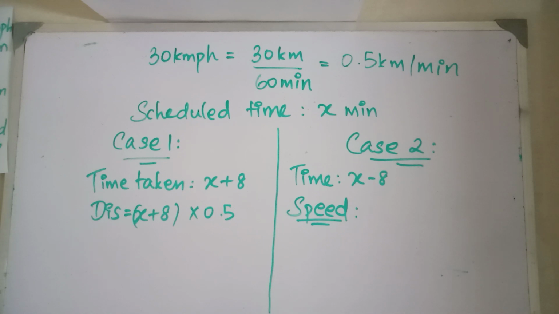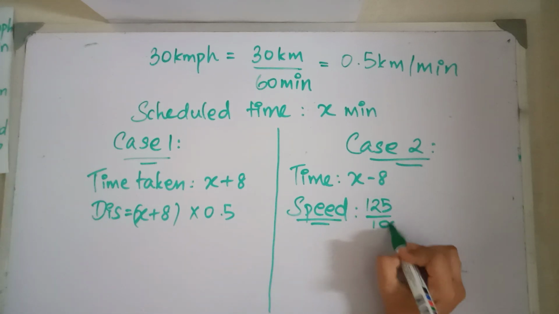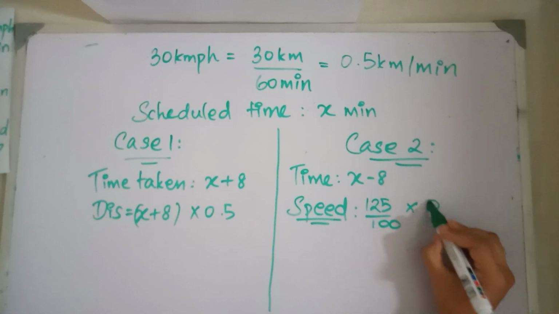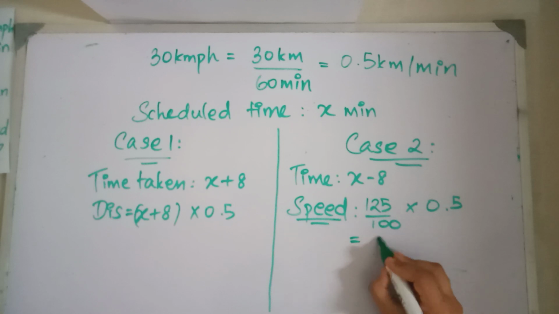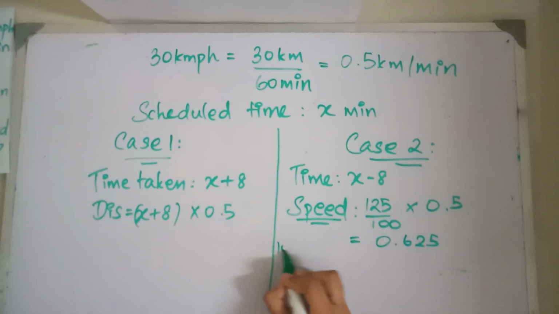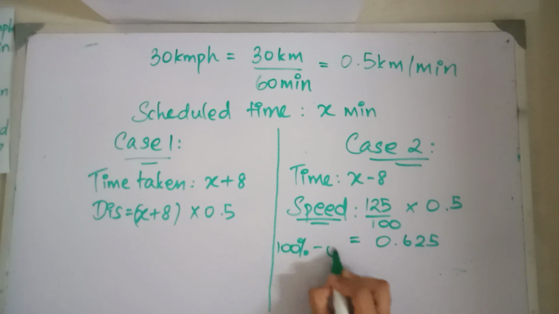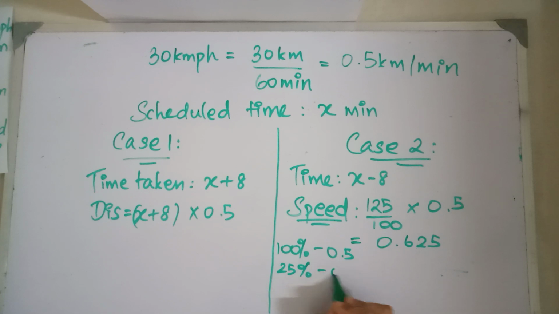So the question states that she takes 25% more speed than the first case. So that will be 125% of the initial speed, which is 0.5. 125% of this gives 0.625. You can calculate this easily. 100% is 0.5. 25% will be 0.125.